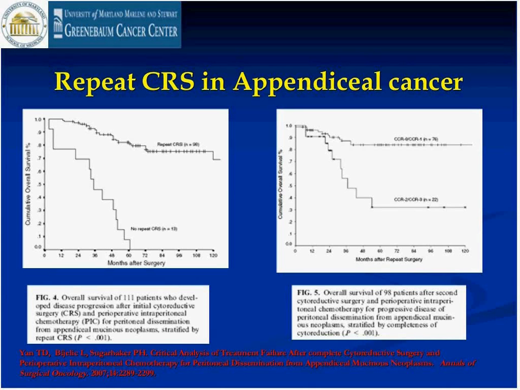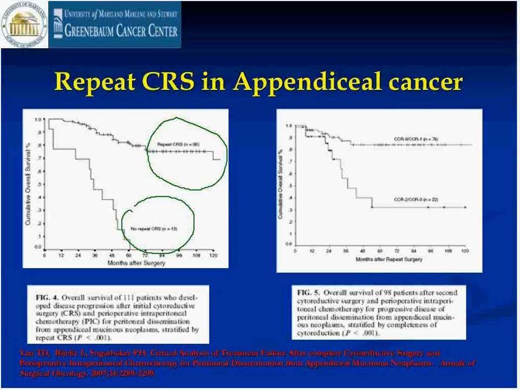If you look at even if the patient has a recurrence after performing the cytoreductive surgery and hyperthermic intraperitoneal chemotherapy, specifically in appendiceal carcinoma, you'll find that, as you can see on the left graph here, compared to patients who did not have repeat cytoreductive surgery, patients who had a second operation, a second cytoreductive surgery, were able to have a much longer term survival.